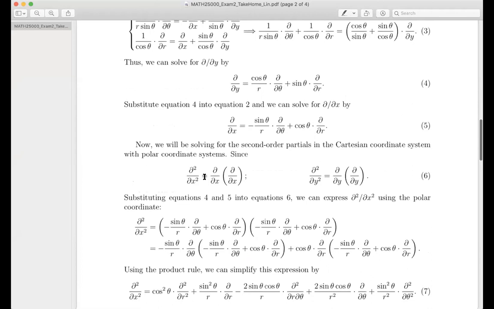The next step is to get the partial squared over partial x squared. This is basically you apply the partial x twice.